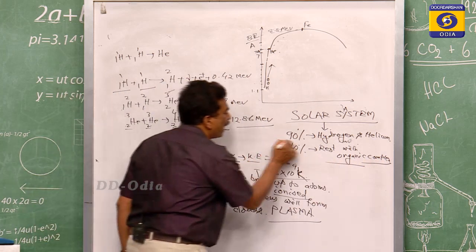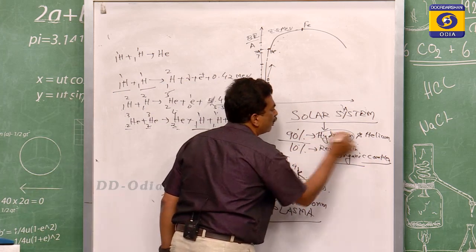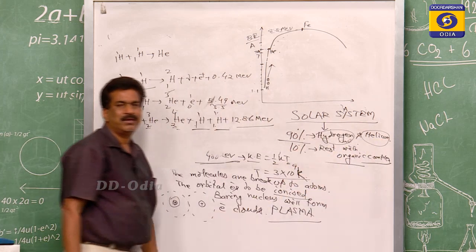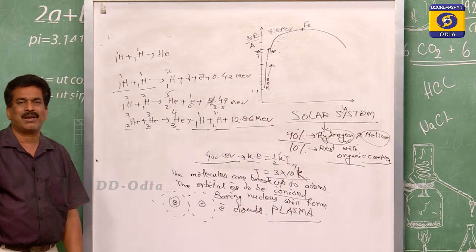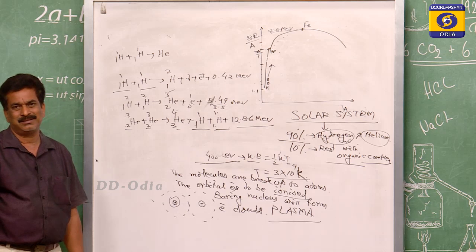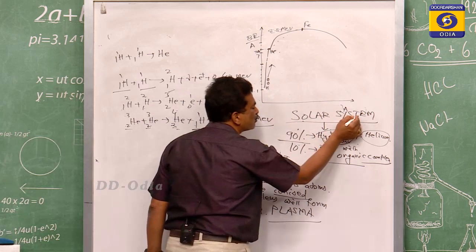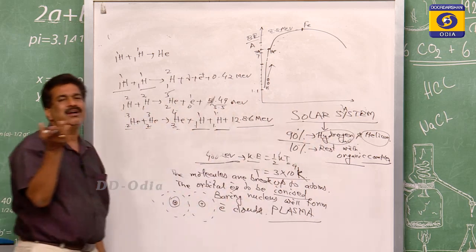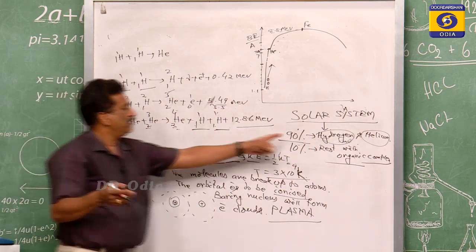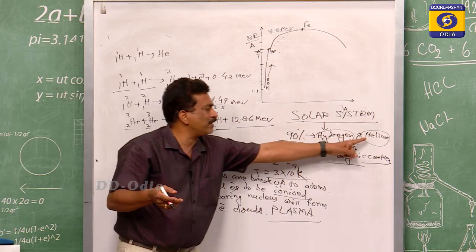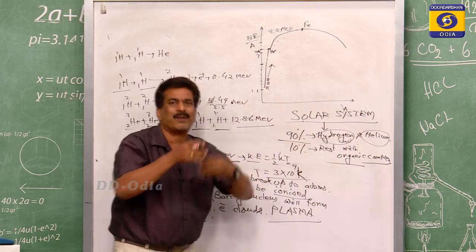So out of the 90% of hydrogen and helium, are these the lighter or the heavier particles? They are the lighter particles. So in the solar system, that means in the sun, the 90% of hydrogen and helium are lighter particles.